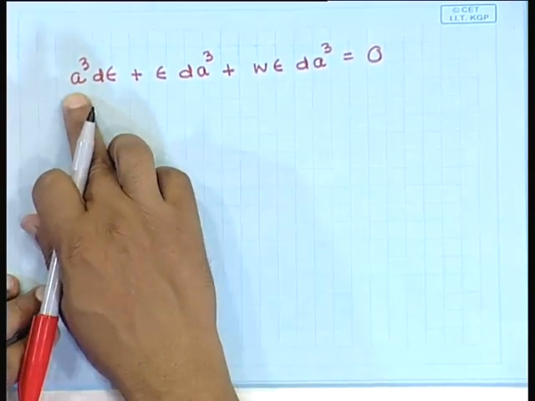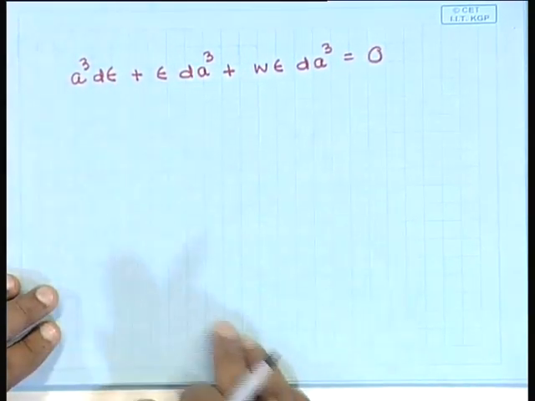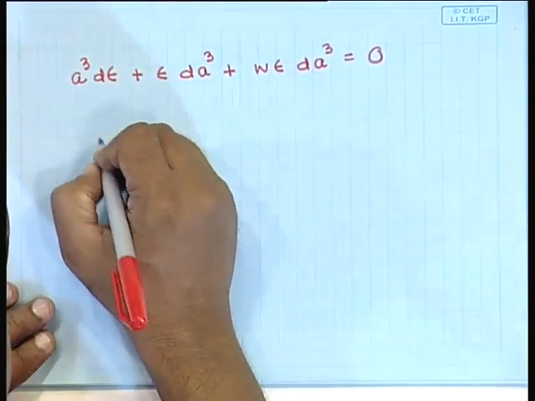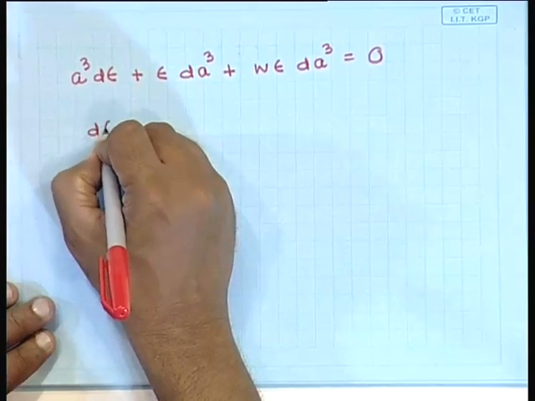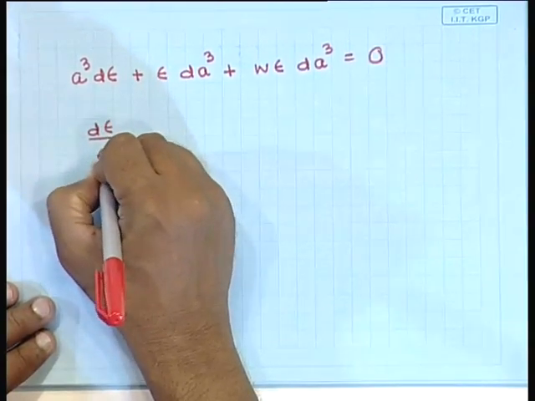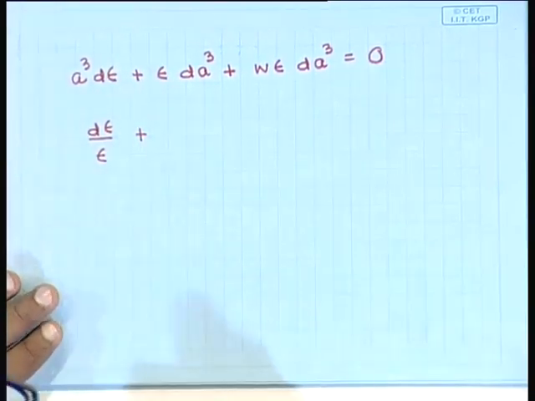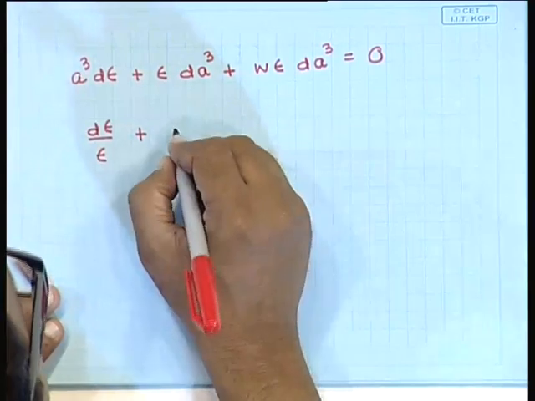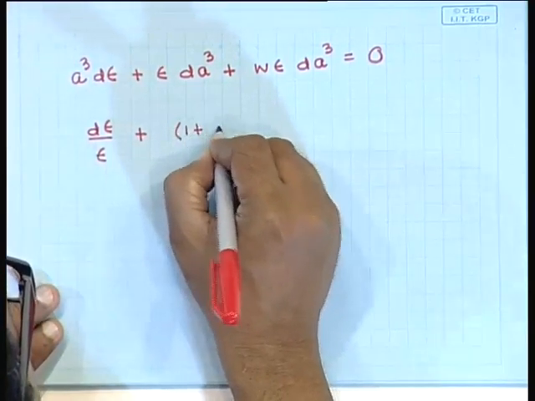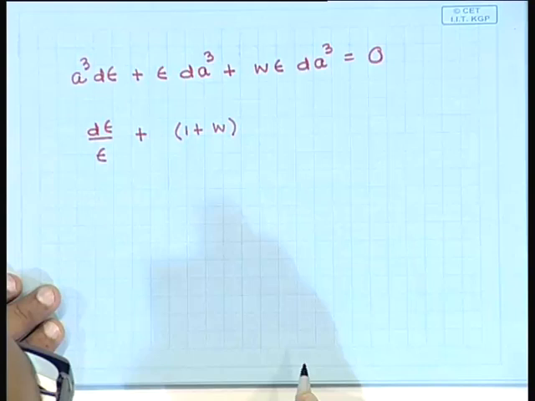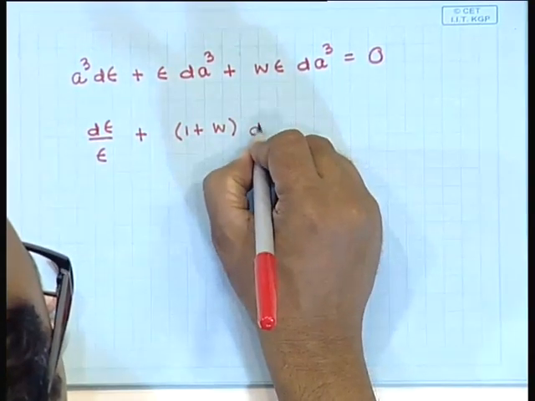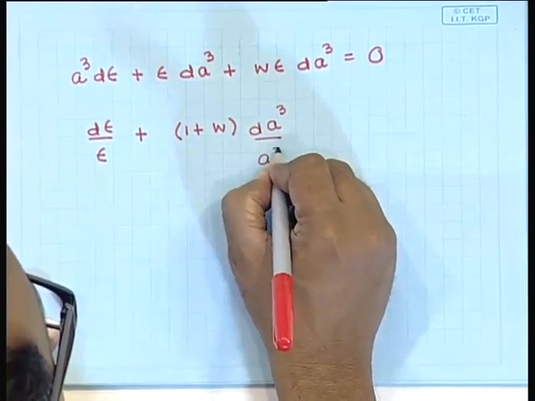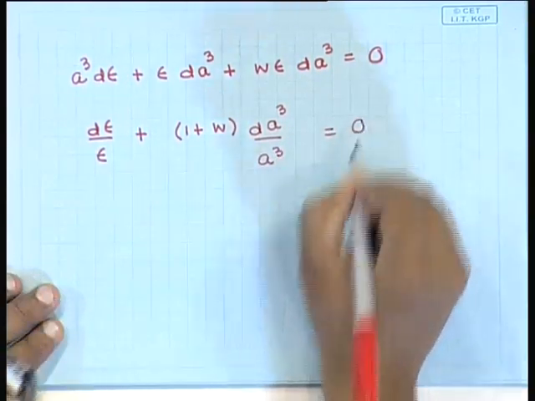So, we could divide throughout by A cube and epsilon. Dividing throughout by A cube and epsilon, what we have is d epsilon by epsilon plus, now there will be two terms, 1 plus W into d A cube by A cube is equal to 0.